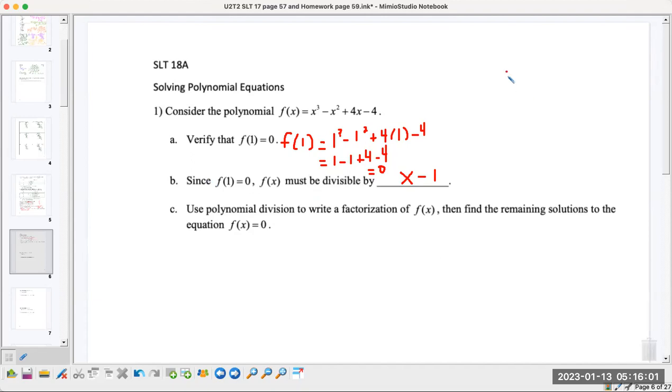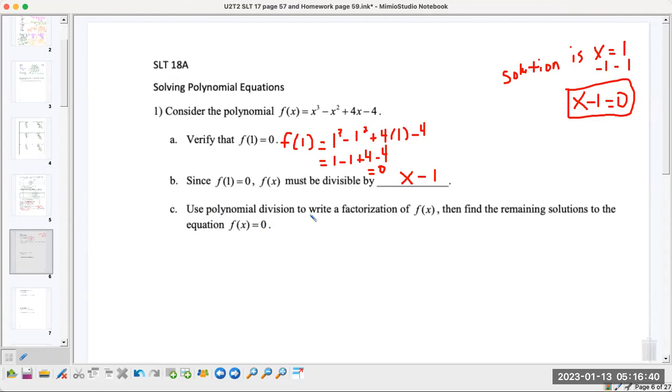Because if the solution is x equals 1, then if I subtract 1 from both sides, I can find the factor. x minus 1 equals 0. So that's the factor. Okay. You just go backwards.